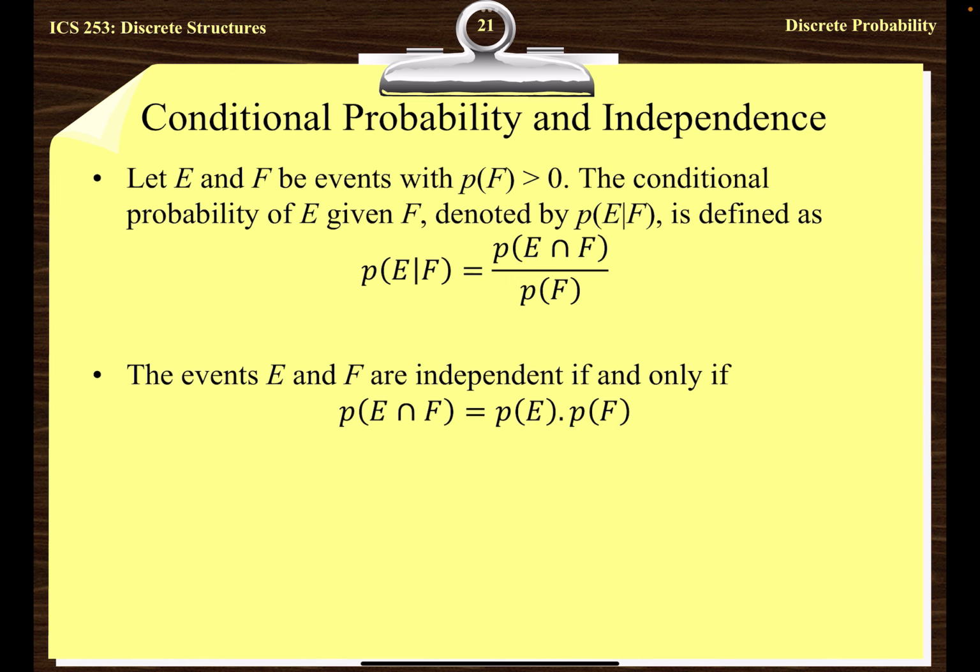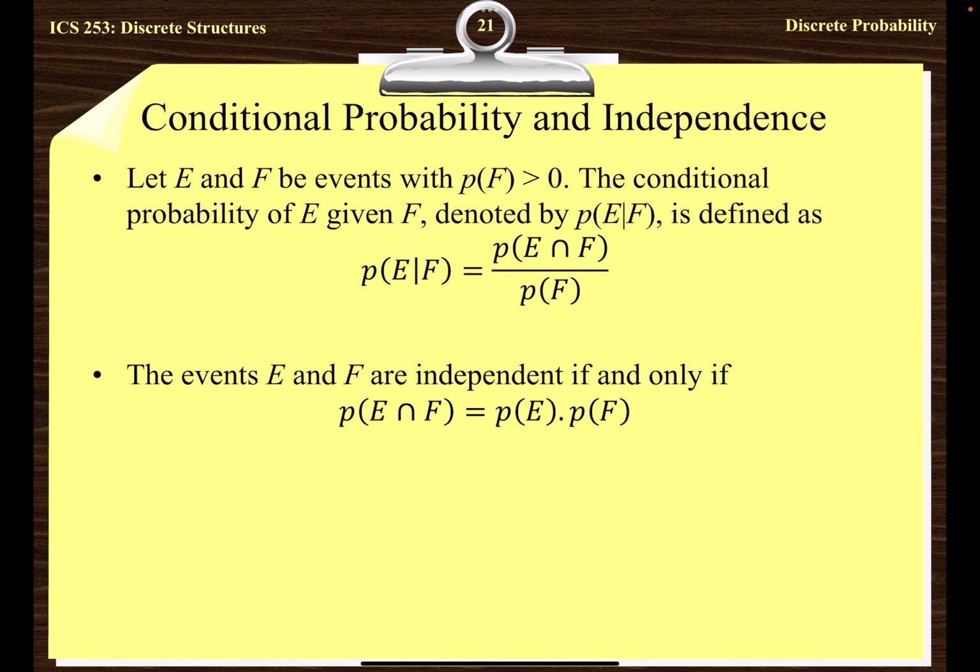So basically, what does this say? Well, this says the following: if I have an event E, and I know that event F has occurred, what's the probability of E occurring if I know that F has occurred?